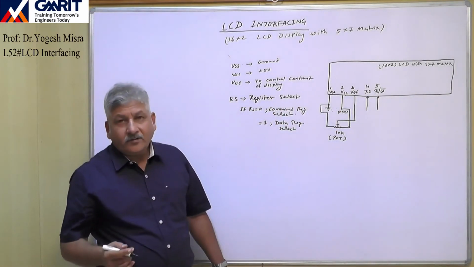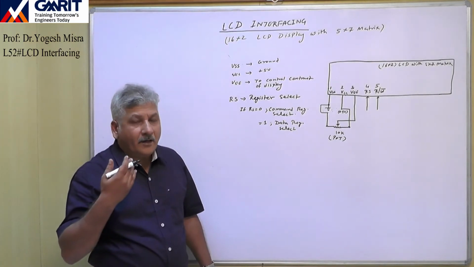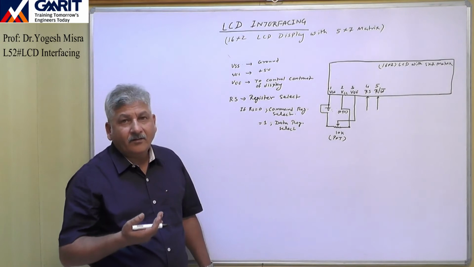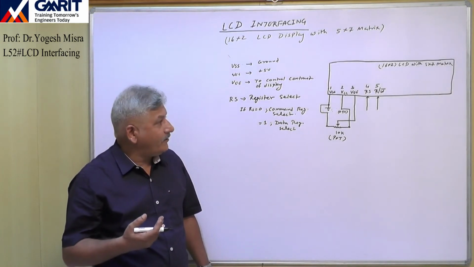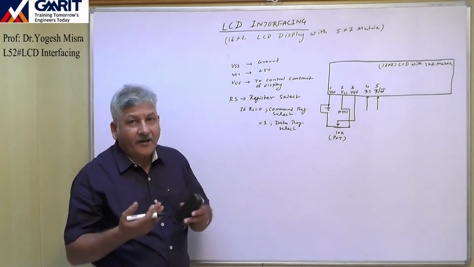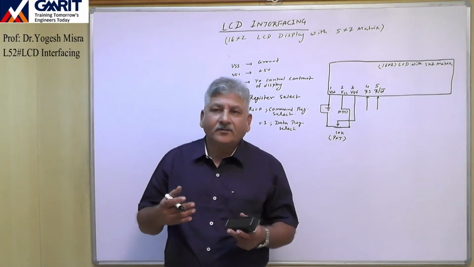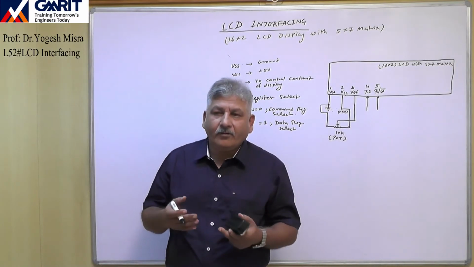It is used to read the content of the data register or command register, or it is used to write in the command register or data register. Suppose we have a few command words.